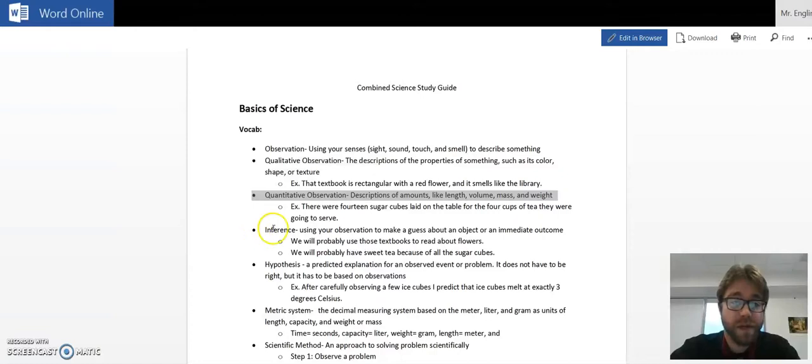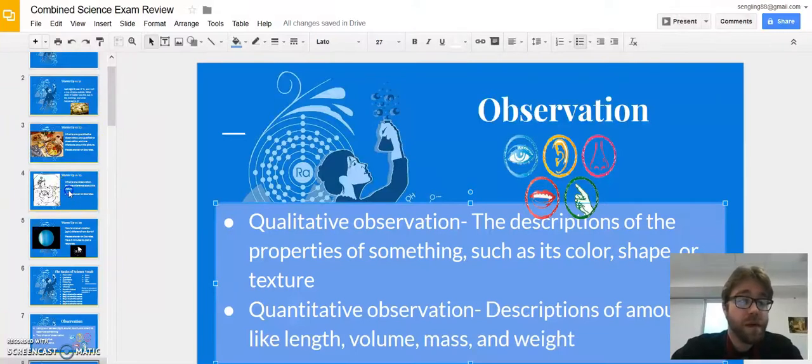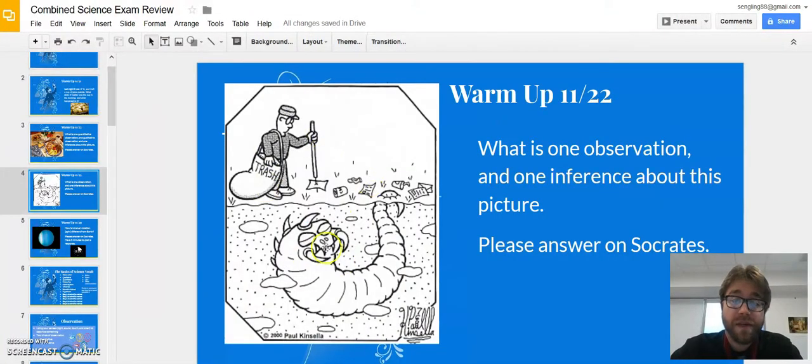Alright, the next word on our list is inference. Inference is using an observation to make a guess about something. For example, those textbooks I mentioned might be about reading flowers. Or that tea that I was making is probably going to be sweet, especially if I use all those sugar cubes. An inference, like we said the other day during warm-up, is a guess.